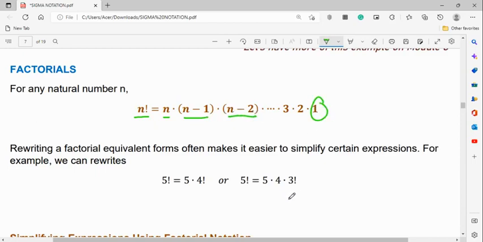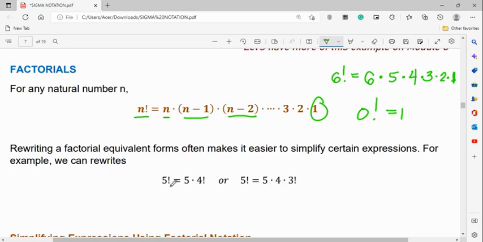O sa madaling salita, if you have 6 factorial, copy muna yung mismo n. 6 minus 1 is 5. 6 minus 2 is 4. Minus 3 is 3. 6 minus 4 is 2. Minus 5 is 1. So 6, 5, 4, 3, 2, 1. And do not forget that 0 factorial is simply 1.